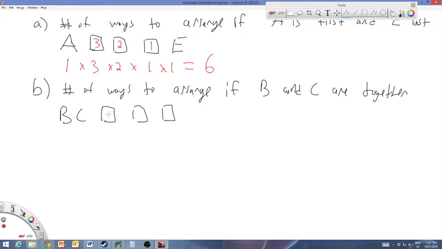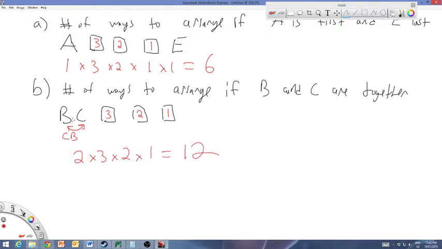I've got 3 possible ways to pick that letter, 2 possible ways to pick this, and 1 possible way to pick that. Now the neat thing about this is that there's no restriction that B has to be first, so I could actually swap these 2 around. So this could easily be CB. So this tells me that the first 2 letters is actually 2 possible arrangements. In the third letter there's 3 possible arrangements, fourth letter there's 2, and last letter there's 1. So this gives me 12.